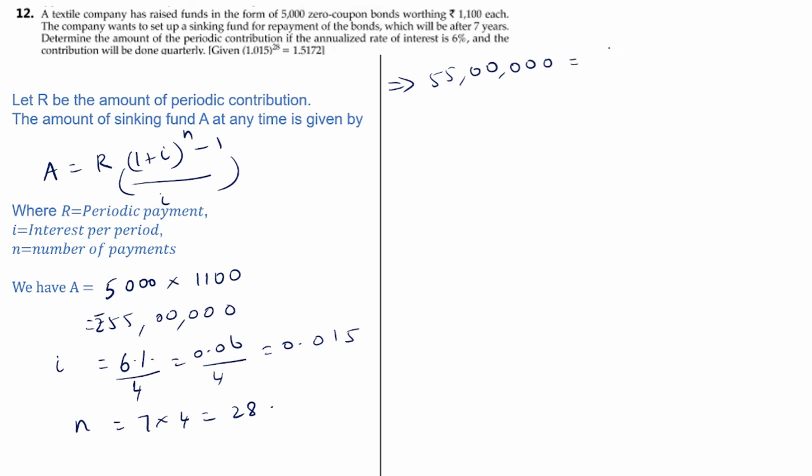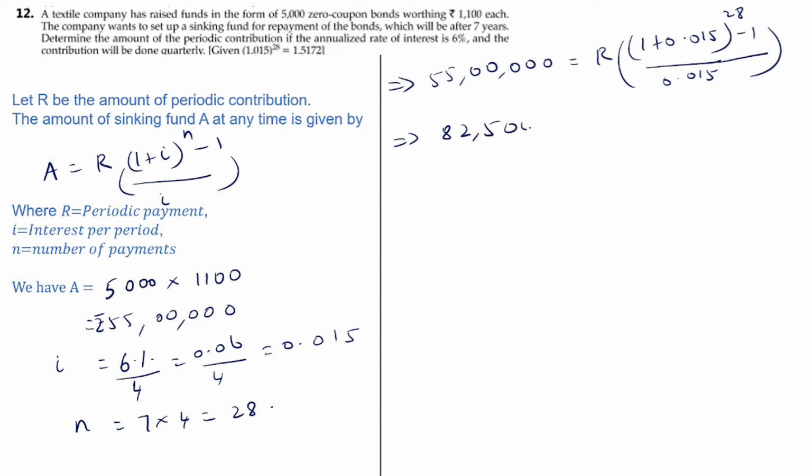So this implies 55 lakhs is equal to R into (1 plus 0.015) the whole raised to N, which is 28, upon 0.015, minus 1. So here 55 lakhs into 0.015, it is 82,500.